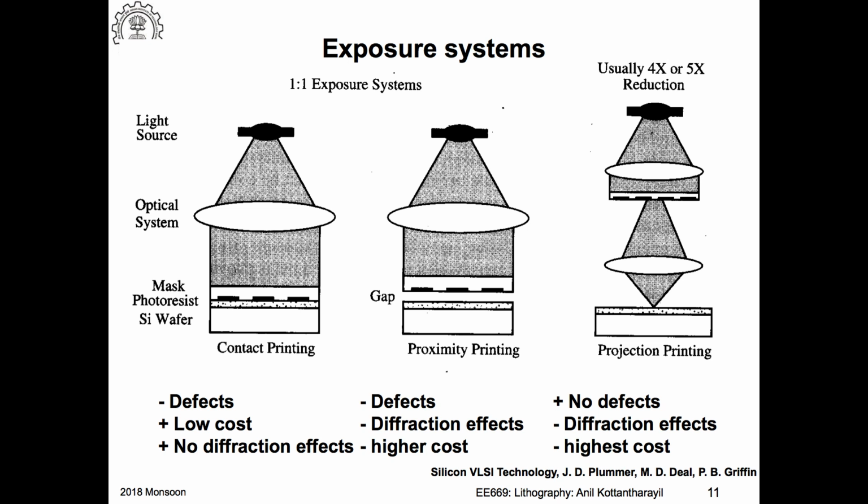So the closer it is, the less the diffraction effects. So the diffraction effects are less in this case, and it's a relatively cheap system. You just place it on the wafer; you don't have to worry about the spacing between the wafer and the mask.